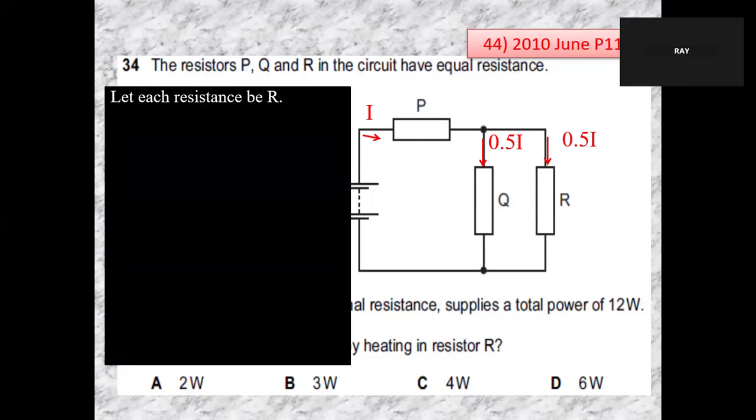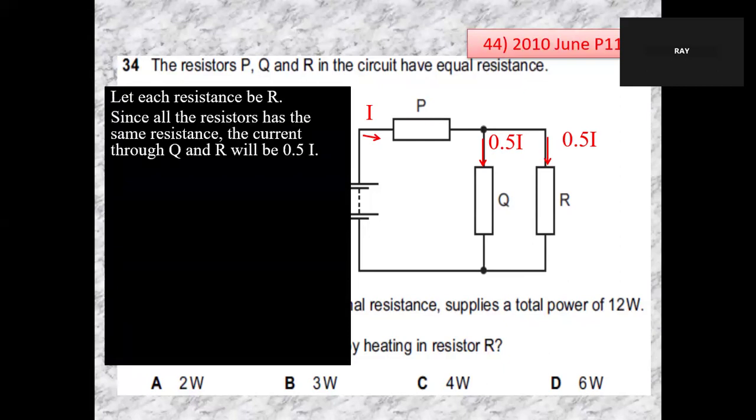Let the resistance be R. Since all the resistors have the same resistance, the current through Q and R must be half of this one, 0.5 each.